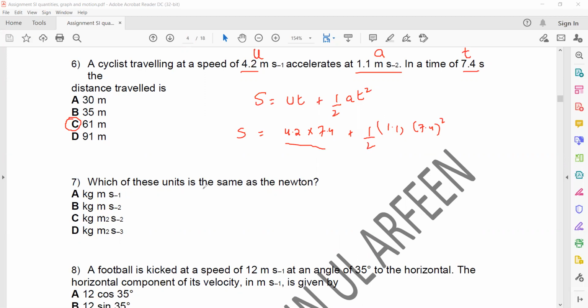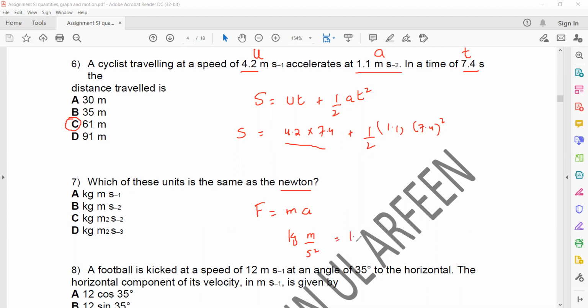Which of these units is the same as a Newton? So how can we work out which is the same as a Newton in base units? We know F equals ma. The unit of force is Newton. The unit of mass is kilogram. The unit of acceleration is meter per second squared.